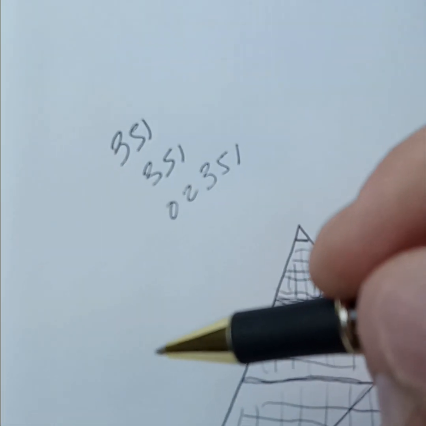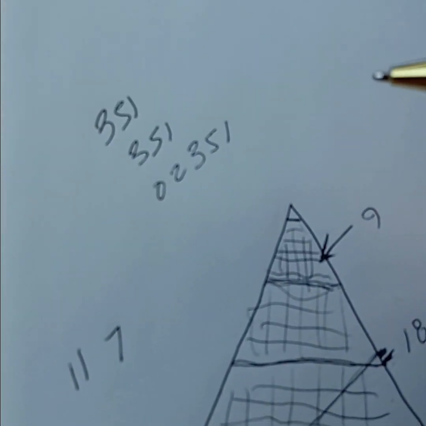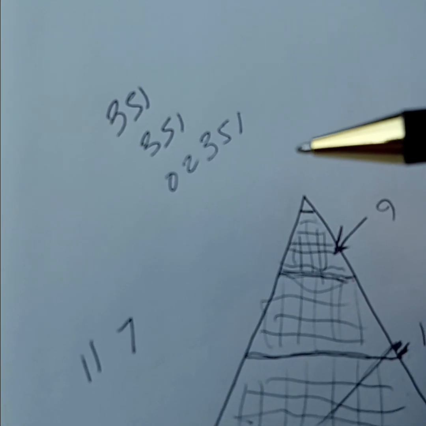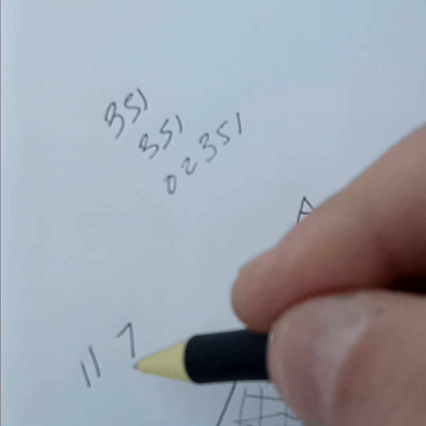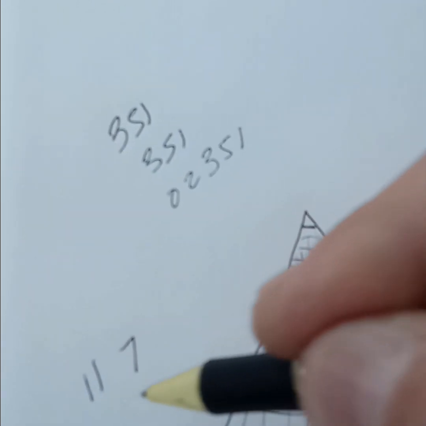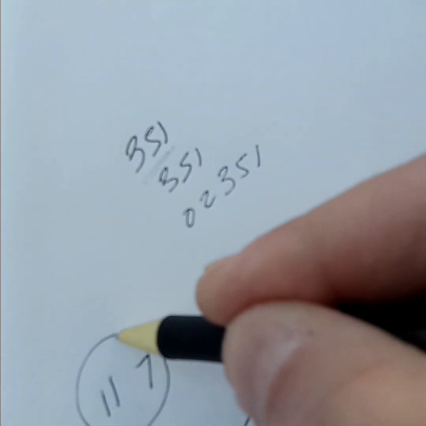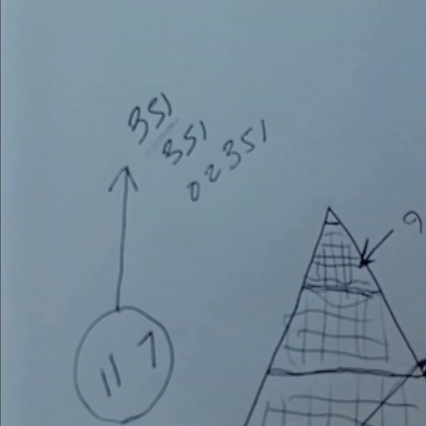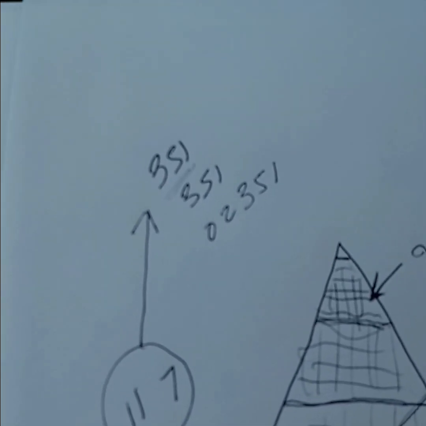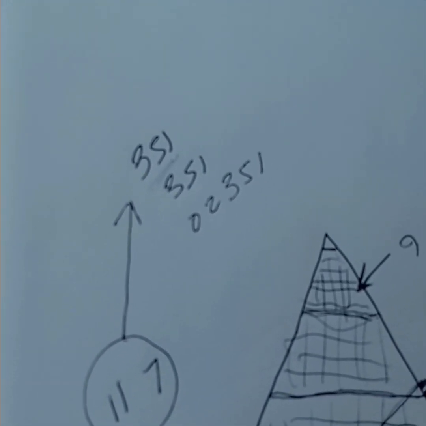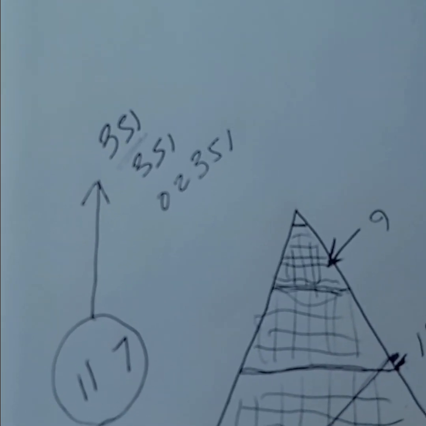Massachusetts was founded 11 years and 7 months after the founding of the country. 117 is called the pentagonal number because it's exactly 1/3 of a triangular number. 117 is exactly 1/3 of 351. So from the very beginning of the country being founded, these numbers have been used.